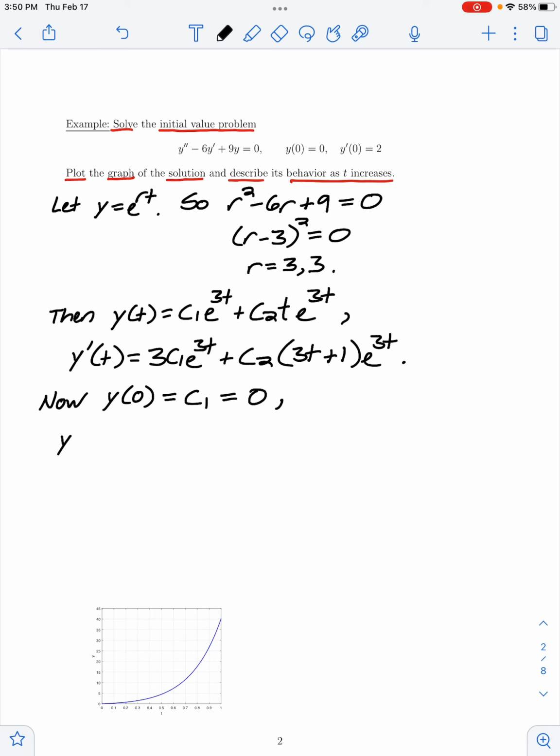And applying our second initial condition, y prime of 0, we have 3c1 plus c2, which has to equal 2. And since c1 was 0, well, that just means c2 is equal to 2.